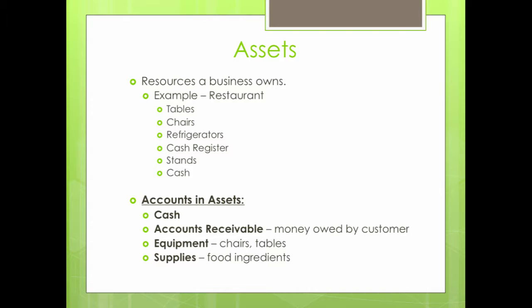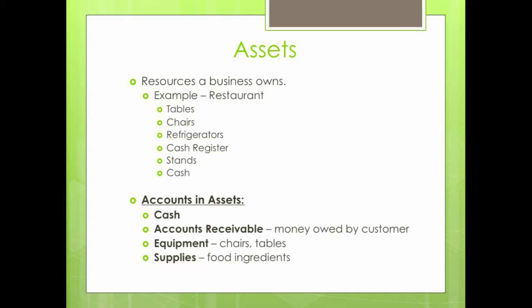Once you receive the cash, then you record another transaction to reduce the amount owed to you in accounts receivable, and then you increase your cash account. Another account is equipment. This is where transactions are recorded when equipment is purchased, like the chairs and the tables.